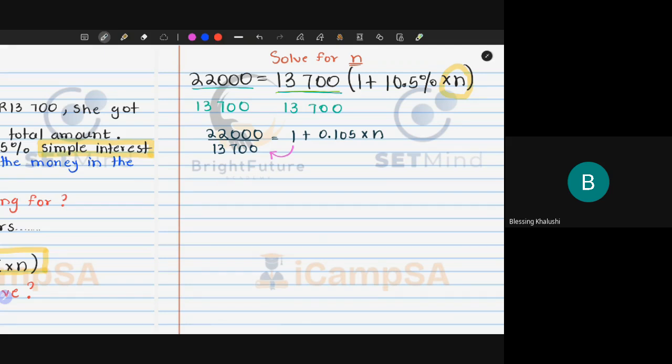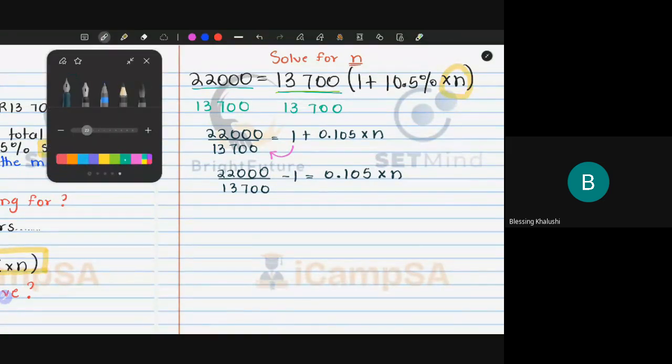It will change the sign and become -1. So we'll have -1, and on the other side, we have 0.105 multiplied by N. And then what from here? Then we divide by 0.105.